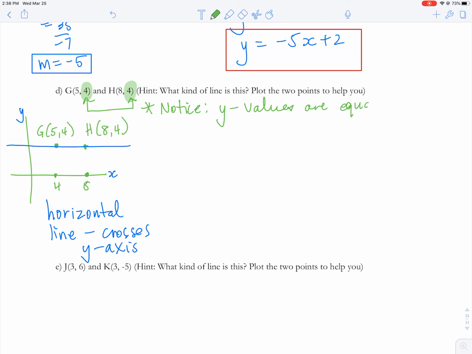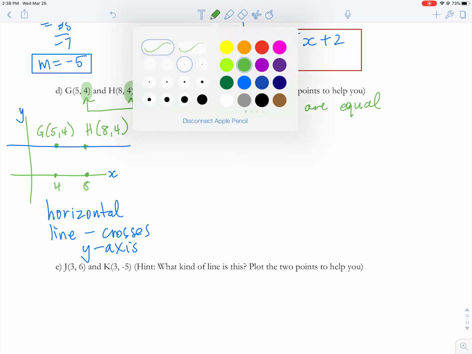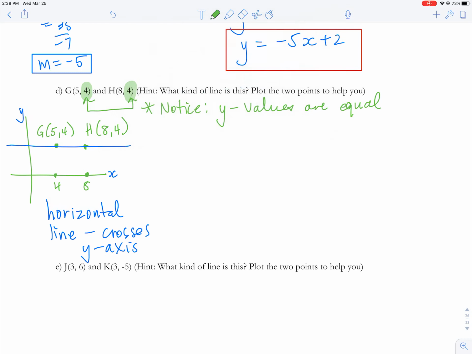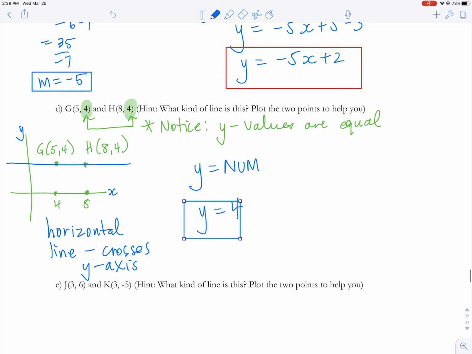But whatever way, whether it's a horizontal line or the y values match, this is going to be some sort of line in the form of y equals a number. Horizontal lines are going to be y equals numbers. And in this case, the number is 4. So the y's match, that's going to be your equation. It's y equals 4. It's a horizontal line that crosses the y-axis. Lots of different ways to remember this.